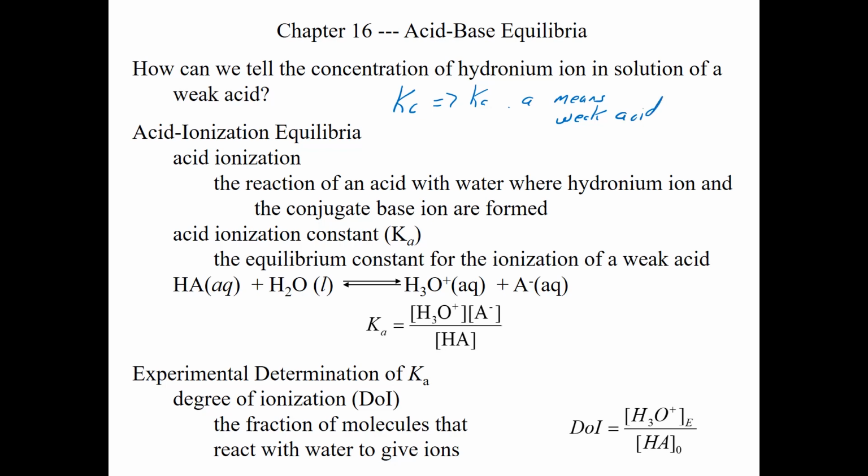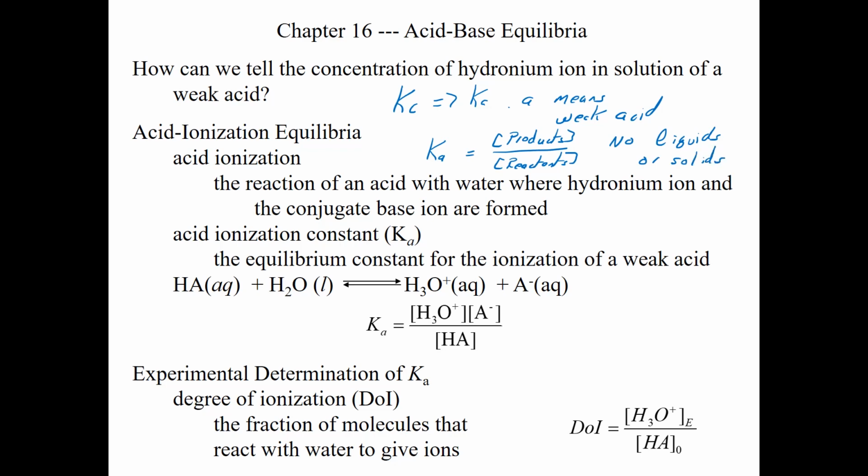So the equilibrium constant is now Ka, and it's the concentrations of the products raised to any coefficients divided by the concentration of the reactants, also raised to any coefficients. And the other rule to remember is no liquids or solids.